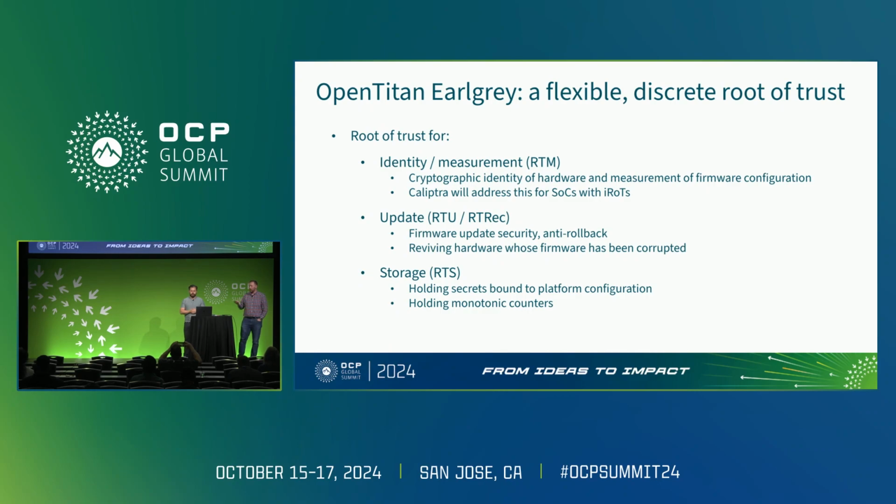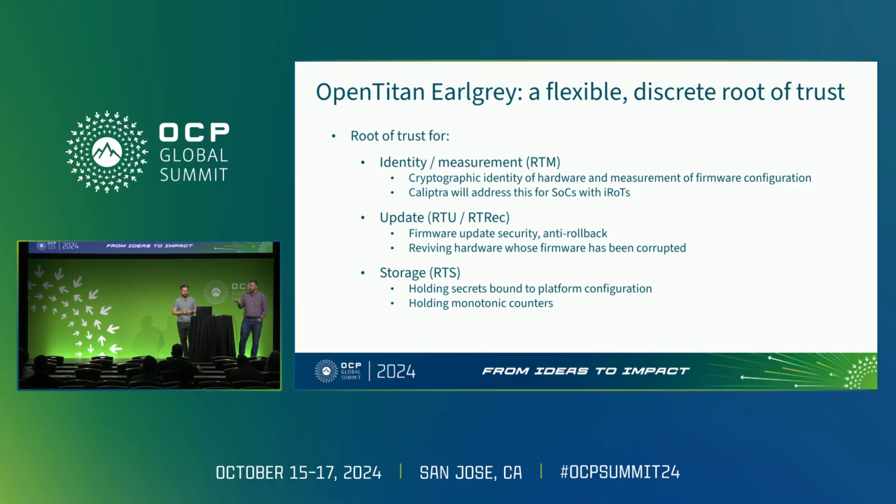So for identity and measurement, it can measure the firmware and configuration of firmware before it loads, calling out that Caliptra fulfills this role for SoCs with integrated roots of trust, but without an integrated root of trust, you can have this property with an ERoT, with different security and deployability properties there.